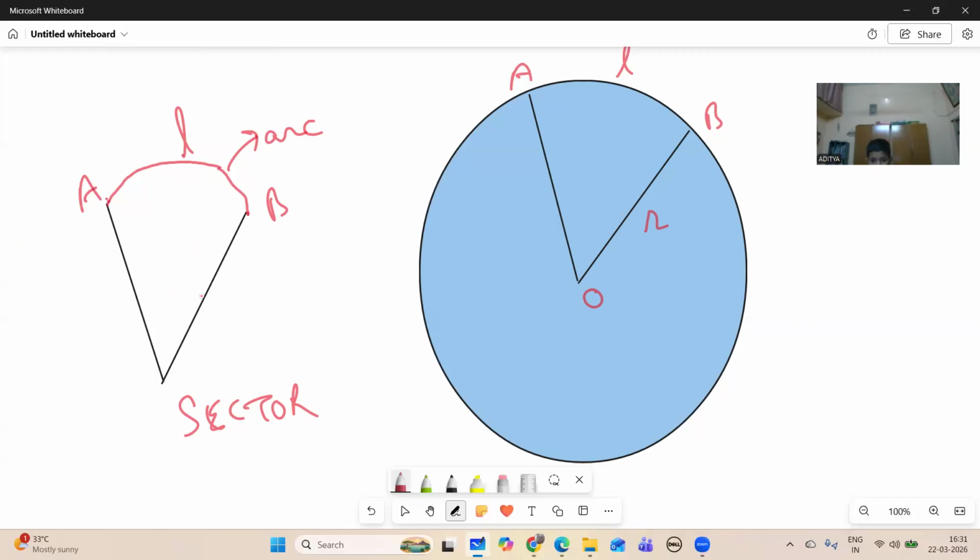This arc and these two radii form the sector. That is the perimeter of the sector: radius AO, radius OB, and this arc length L.